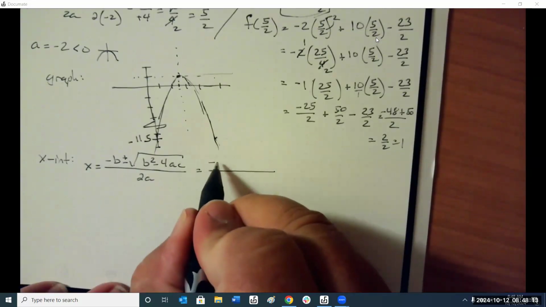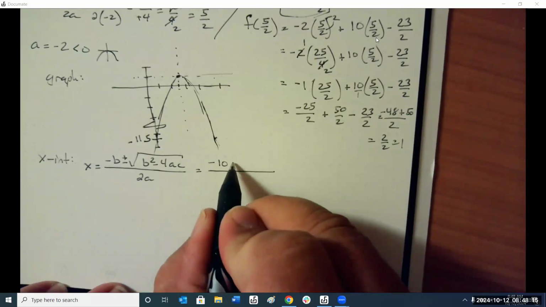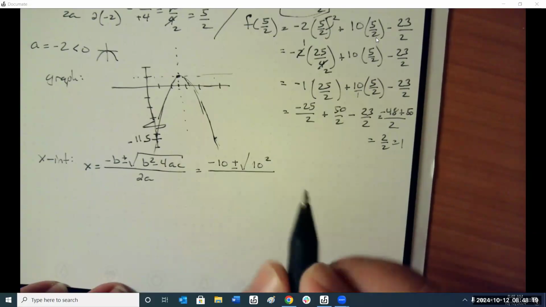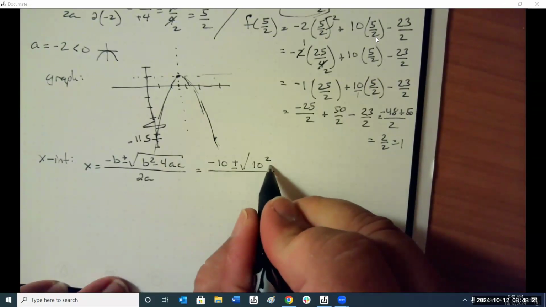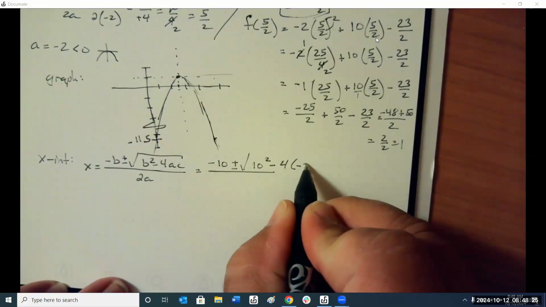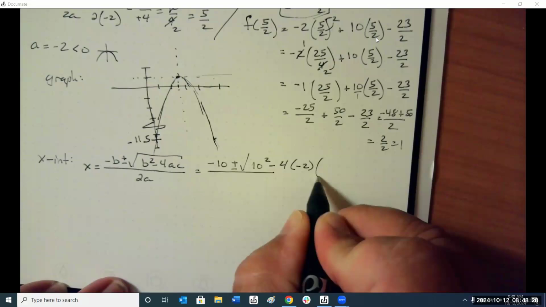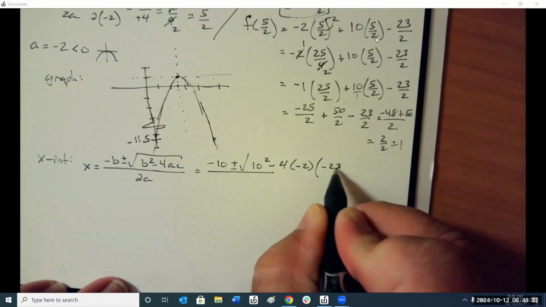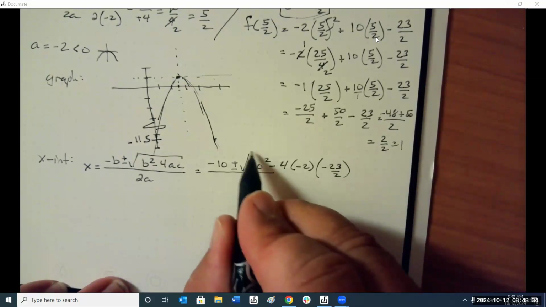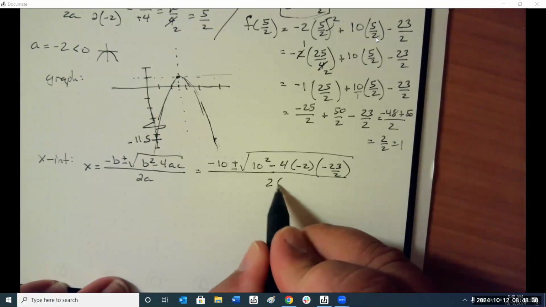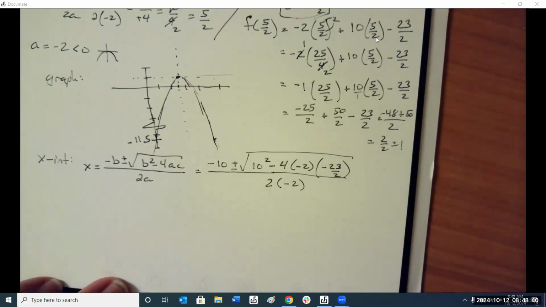So I have negative b, which is negative 10, plus or minus the square root of 10 squared minus 4 times a, which is negative 2, times c, which is negative 23 over 2, over 2 times negative 2.